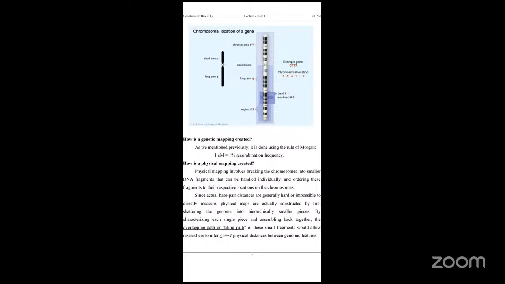Since you cannot handle it, they break it by means of different methods like fragmentation and other techniques, into small fragments. After breaking them, they assemble them back together, and then they try to find out the physical distance between the chromosomes. That is what is called physical mapping.